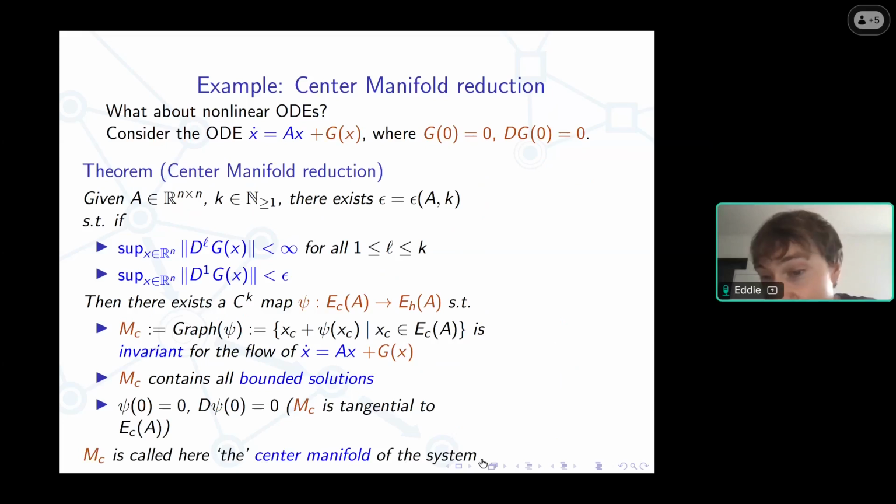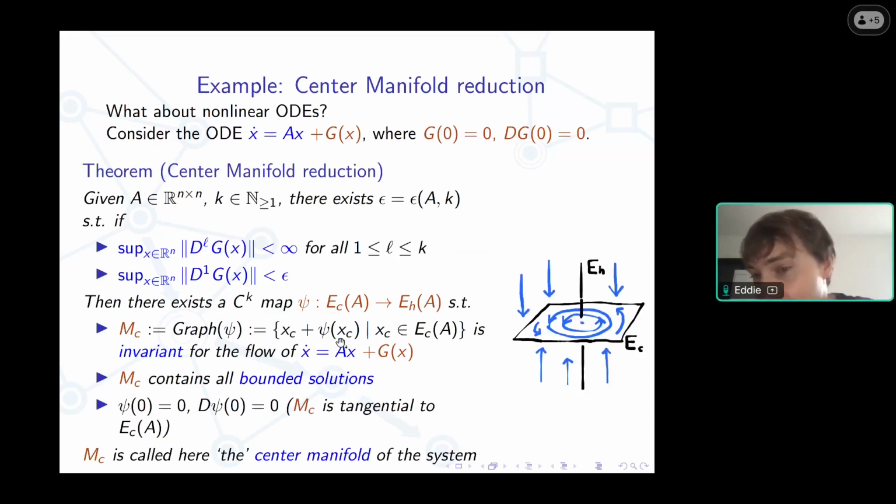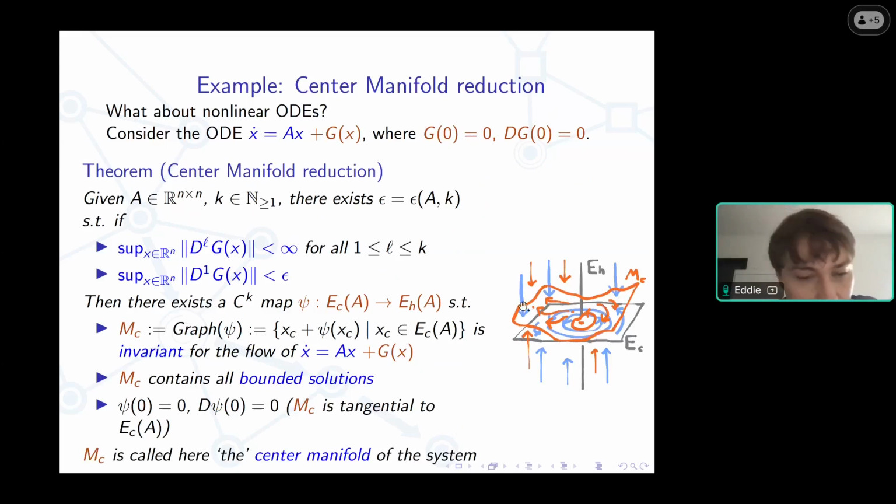So this is the picture that you now have. There's now a graph lying over EC, but other than that, all the bounded solutions are now on that MC. And the dimension in particular is just that of EC. I'm putting "the" in quotation marks because you always have to be very careful talking about the center manifold of a system.